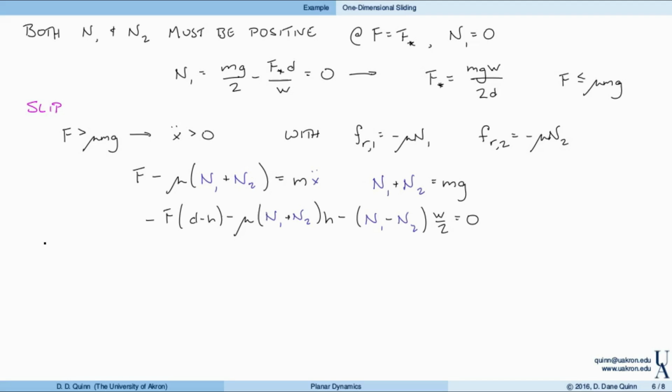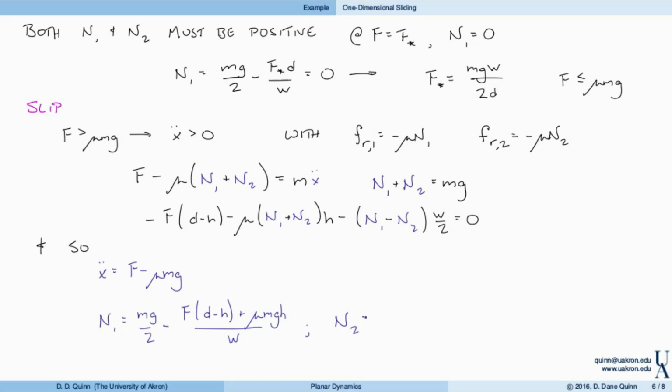But what you find is that x double dot is equal to F minus mu mg, and N1 is equal to mg over 2 minus, now we have the following expression, F times d minus h plus mu mgh divided by W. Again, this is all just algebra.